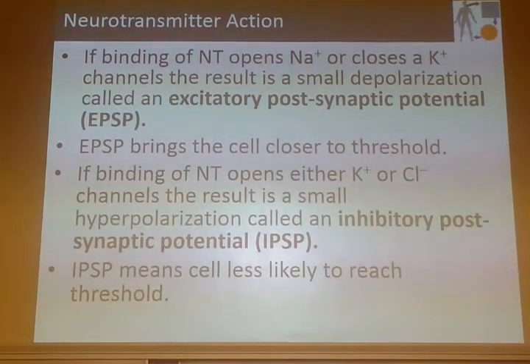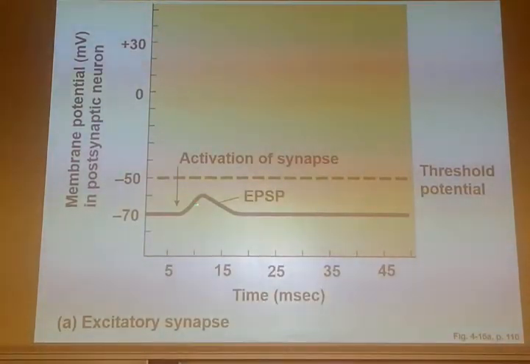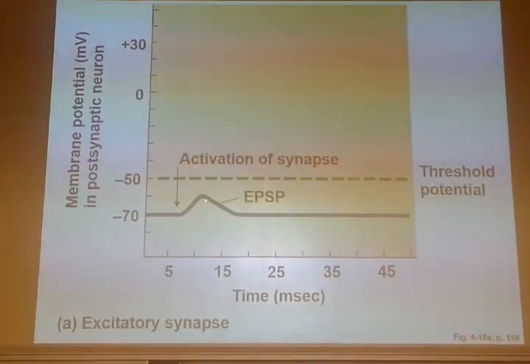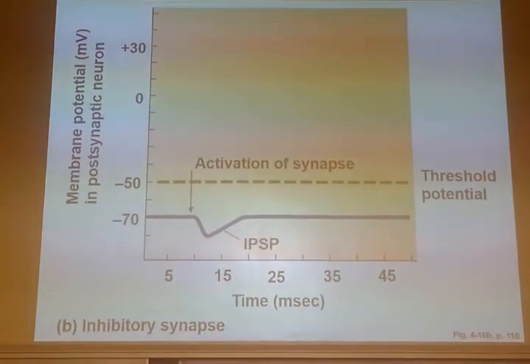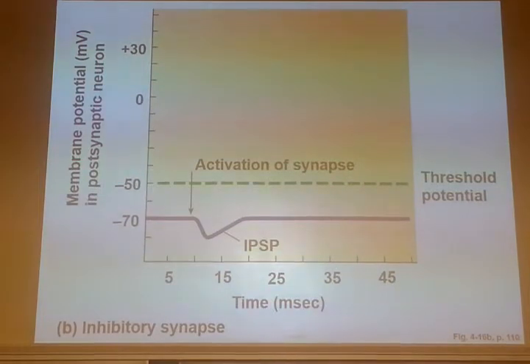So when you want to make a cell less likely to create an action potential, you create an IPSP in its plasma membrane, in its cytoplasm on the postsynaptic side. So EPSP is getting you closer to threshold, IPSP taking you further from threshold.